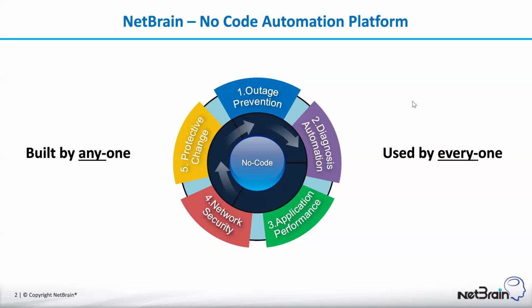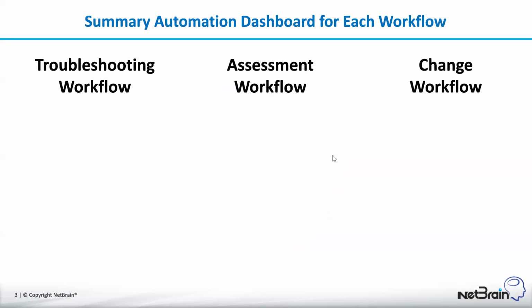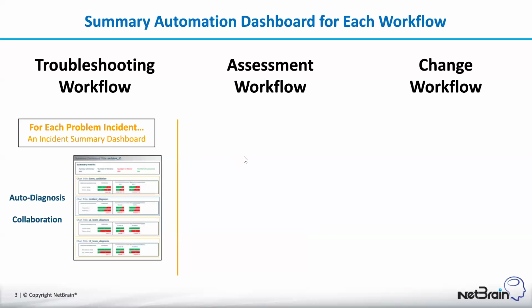But these 5 use cases can actually be broken into 3 key workflows that NetBrain helps out with. The first is the troubleshooting workflow. For each problem or incident, we can have an incident summary dashboard that shows us things like results of triggered automations, which I'll talk about further, and all the different diagnoses that were performed.